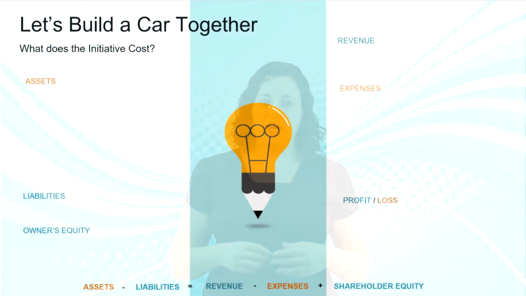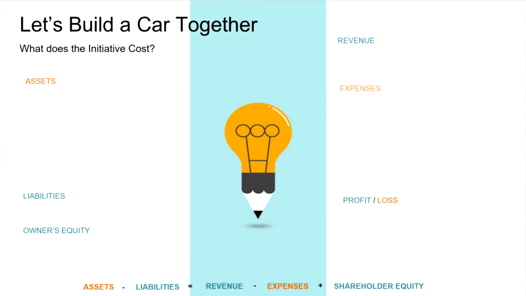Let's look at delivering a project together. The project is building a car. You want to build a car, but you don't have the money to do so yourself. So you go to the bank and borrow $300. With this $300, you buy $250 worth of car parts, of which $50 worth of car parts are faulty.